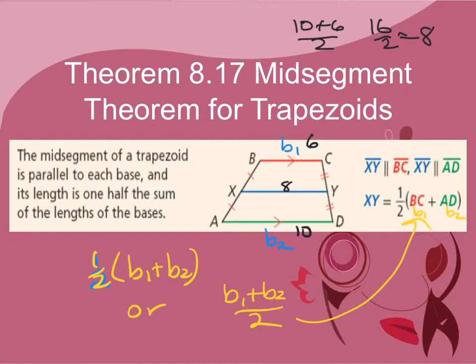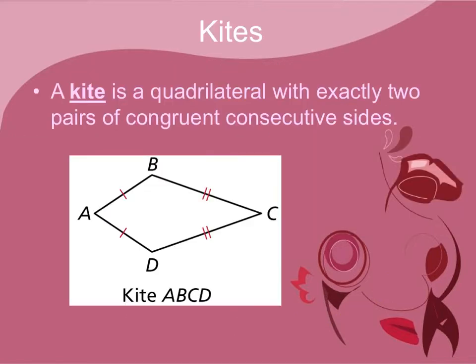Next, we're going to talk about kites. It's another type of quadrilateral. So a kite is a quadrilateral with exactly 2 pairs of congruent consecutive sides. Now, it's not the opposite sides that are congruent, but it's the consecutive sides that are congruent.